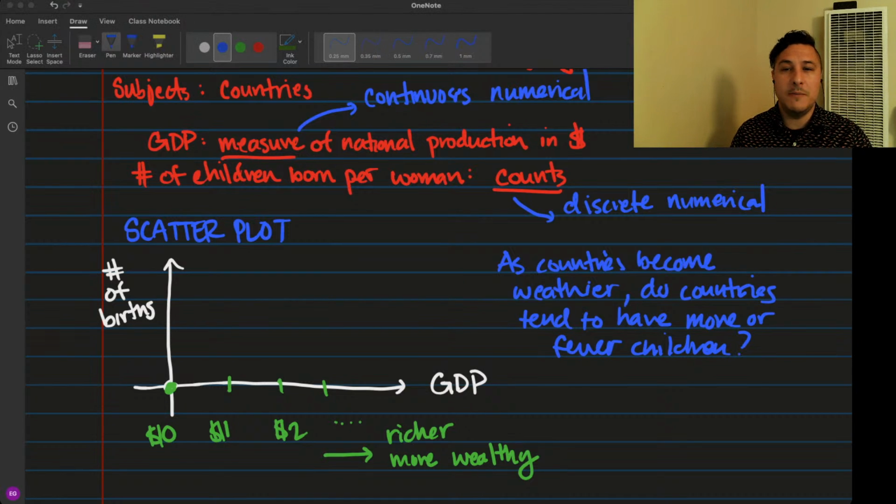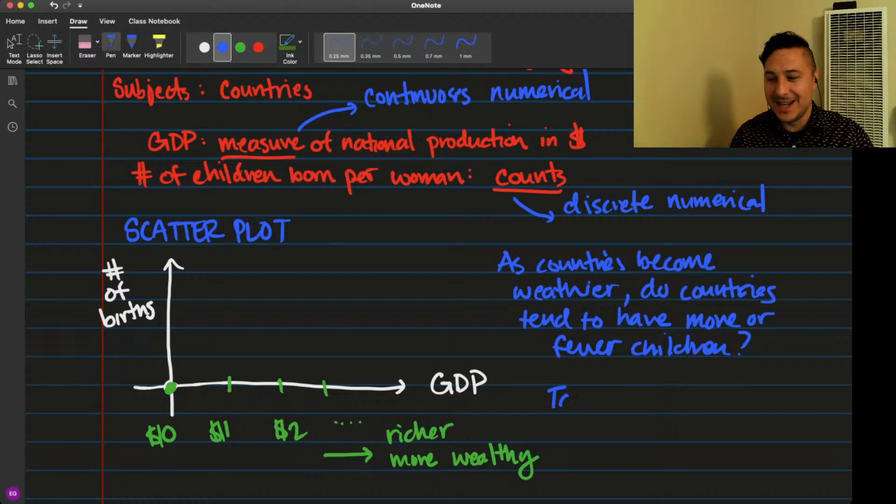So, someone give me an example of a very poor country. It's a country that's known for being very poor. Okay, Africa's not a country, but I like your thinking. Give me a country in Africa. Tanzania? Okay, well, yeah.